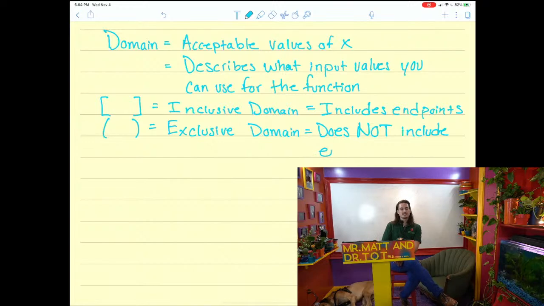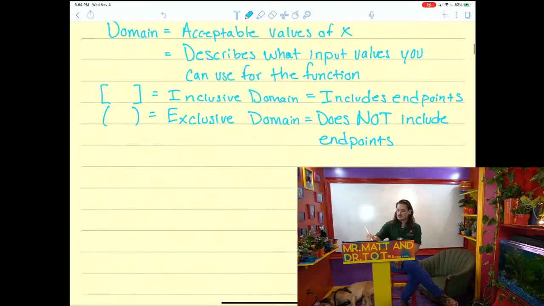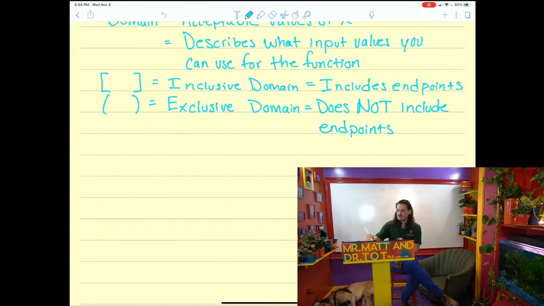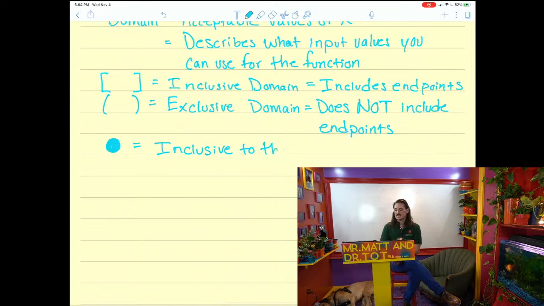Now, graphically speaking, a solid dot on a graph does the same thing as brackets. That means that it's inclusive to that point. So instead of the overall domain being inclusive, just that specific endpoint is inclusive. So if it ends on 3, that means we can count 3.